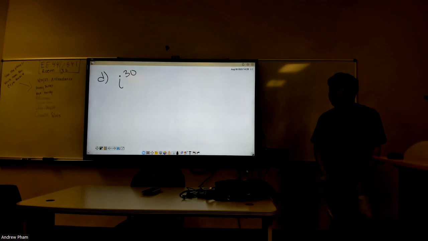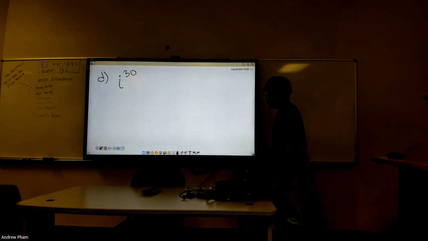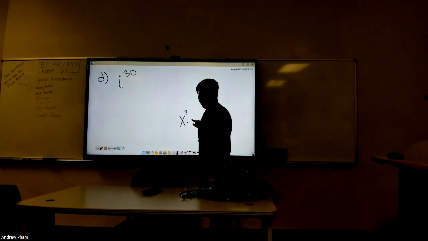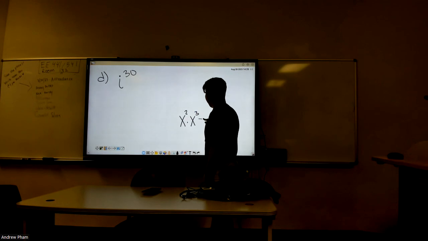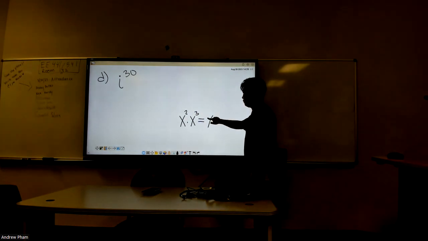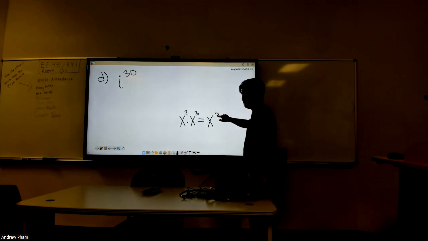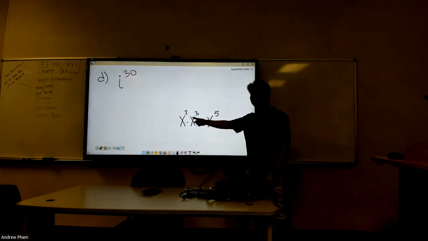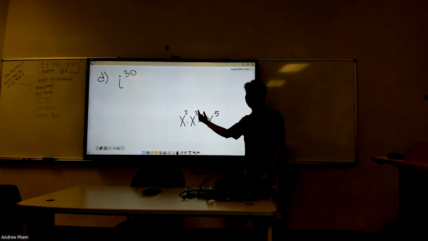So before we actually look at this example, what happens if I write this? What's x squared times x cubed? x to the 5th, because whenever I multiply two things like this, we add the powers together, 2 plus 3.